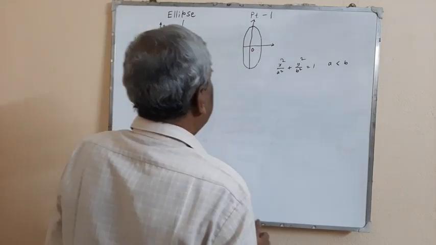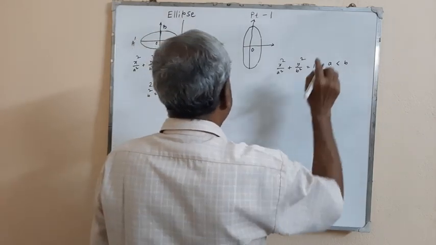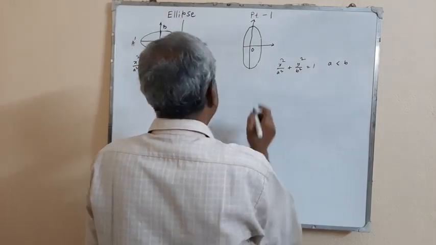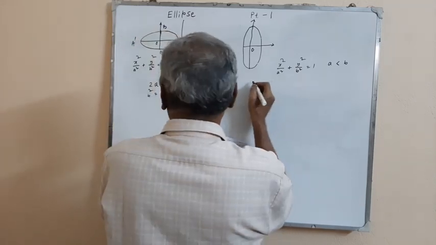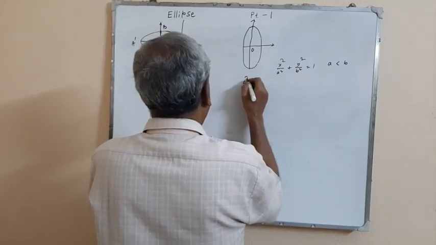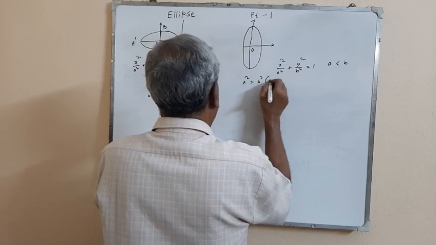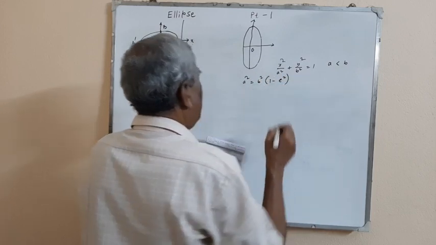For the ellipse when B is greater than A, the relation between A, B and E is A square is equal to B square into 1 minus E square.